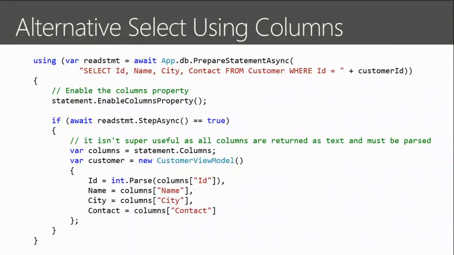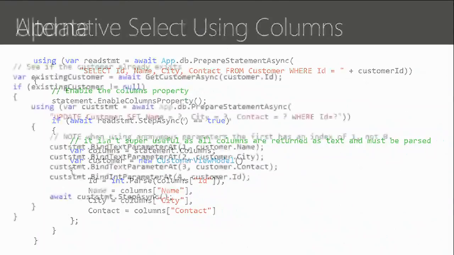A string-valued dictionary of values, and you simply key into that dictionary. This is probably a bit less error prone, but as Peter Tor himself said, it isn't super useful as all columns are returned as text, so you don't get the right type back. You have to parse the text in order to convert it back to an int or an int64 or whatever. But that's probably a less error prone way of coding your selects.